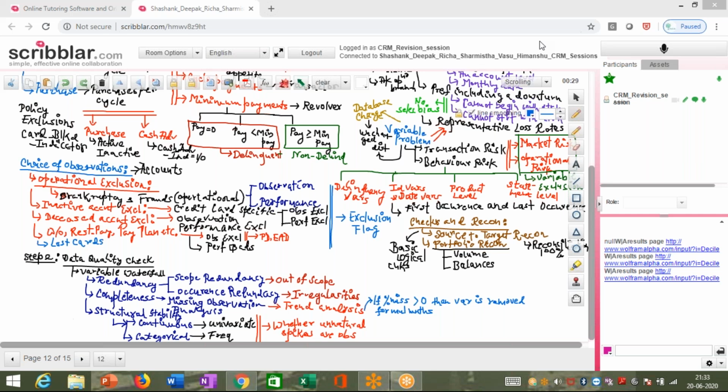Okay, fine. So let's continue. As I was saying, if the variable is a very important variable, then it cannot be removed, and it also happens sometimes that it is the definition of the variable. The variable is defined such that there is a missing value. Let's say, for example, overdrafts, ODs.